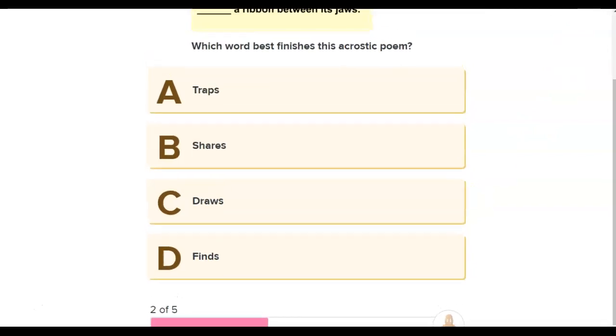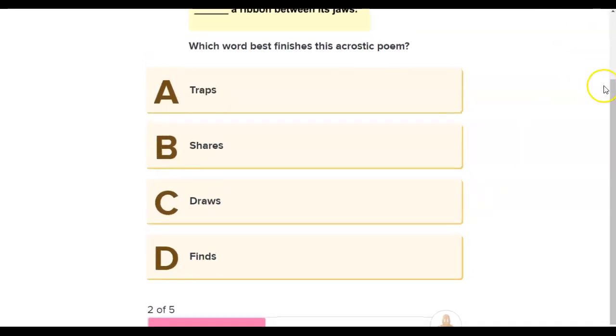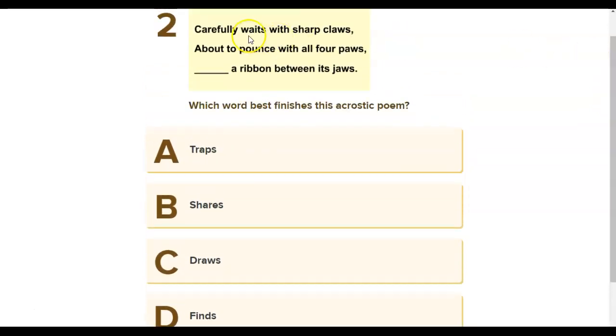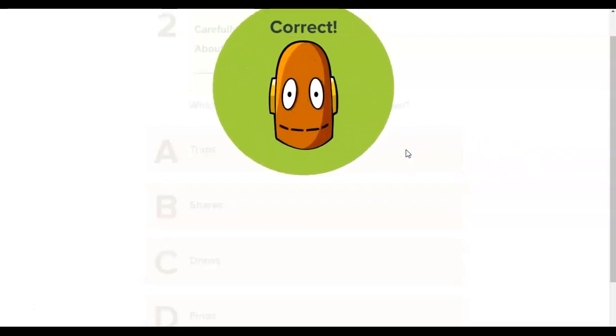If we go back up to the top, which one of these words fits? Traps a ribbon, shares a ribbon, draws a ribbon, finds a ribbon. I'm going with traps.